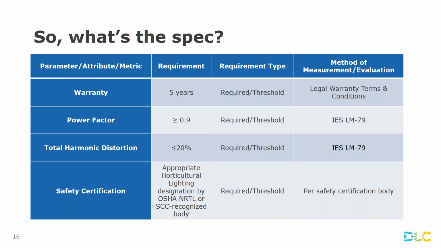For power factor and total harmonic distortion, these are pretty similar to the existing DLC specs for products: 0.9 and 20%. And then for safety certification, there is not yet a standardized, ANSI accepted certification. However, there's progress being made towards that. For example, we're seeing labs offer standards that are more or less aligned to the UL 8800 standard, which I would paraphrase as being UL 1598's general illumination, but with moisture and corrosion complications.